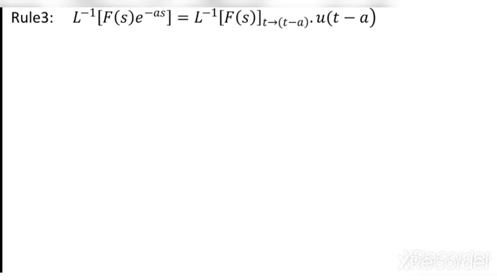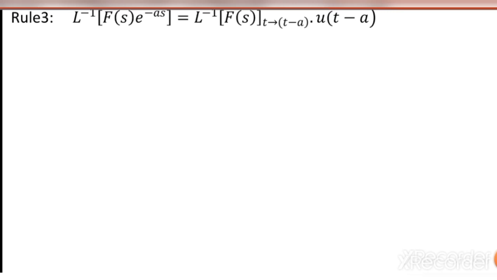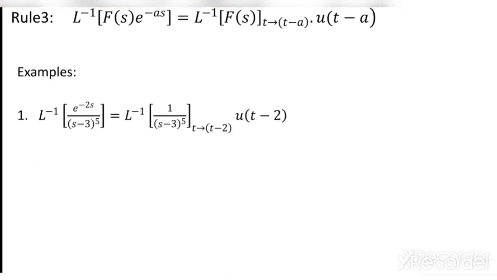What we have to remember is, whenever we have L inverse of something associated with e power minus as, the result will be in terms of the unit step function. Identify the coefficient of minus s, that is a, write u of t minus a, and allow L inverse to occur for f of s. The result you obtain is f of t, but replace t by t minus a. So I can show some examples.